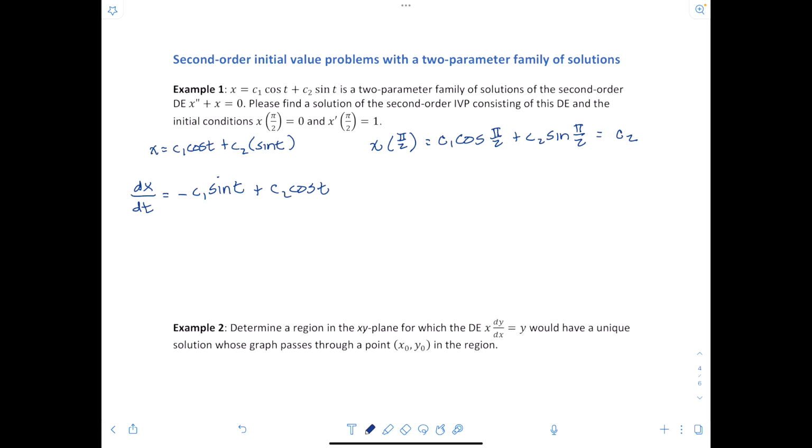Groovy? So we have basically found that x at pi over 2 is equal to c2, but what was x at pi over 2? Perfect, 0. So 0 is equal to c2. And that was because x at pi over 2 was equal to 0.